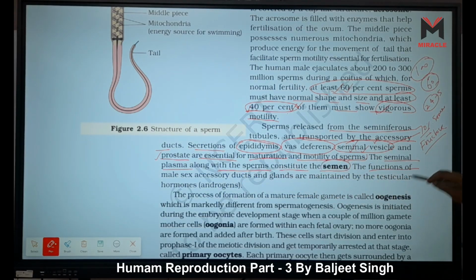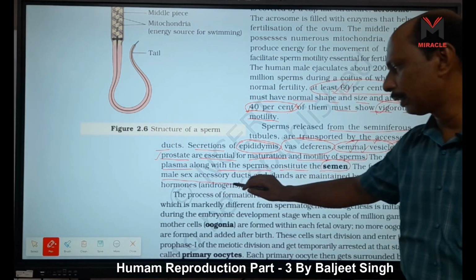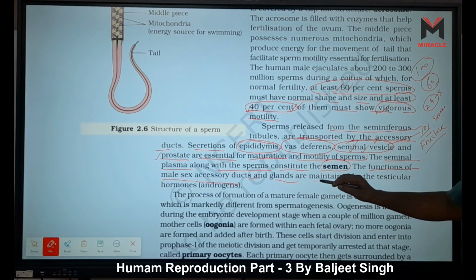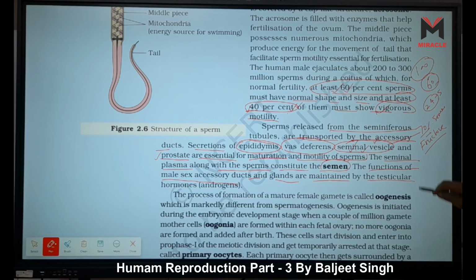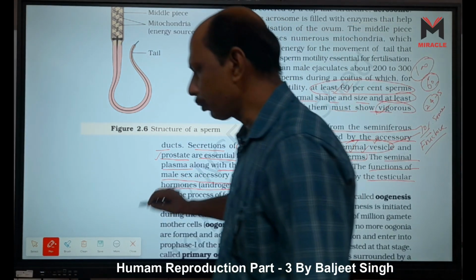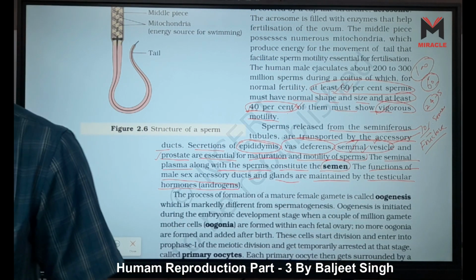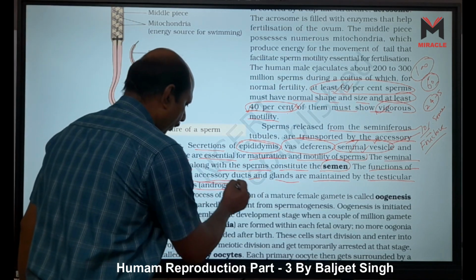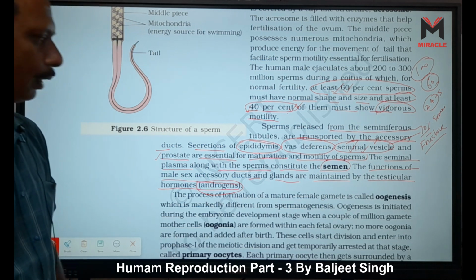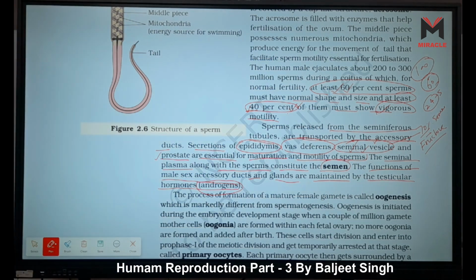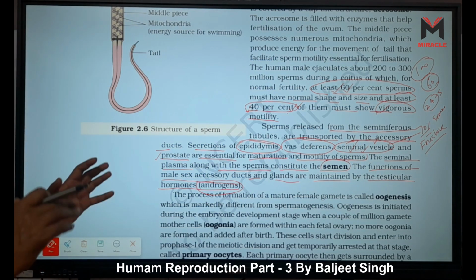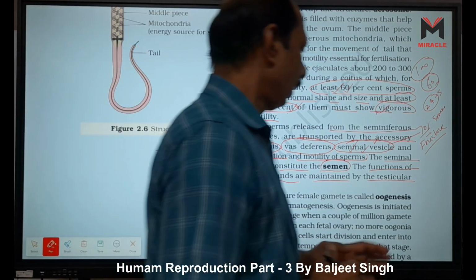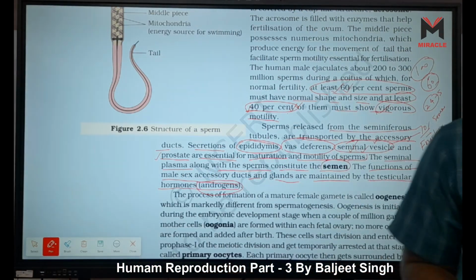The functions of male sex accessory ducts and glands are maintained by the testicular hormones, and these hormones are commonly called androgens. Okay, androgens. Who maintains the function of male sex accessory ducts and glands? It is testicular hormones.